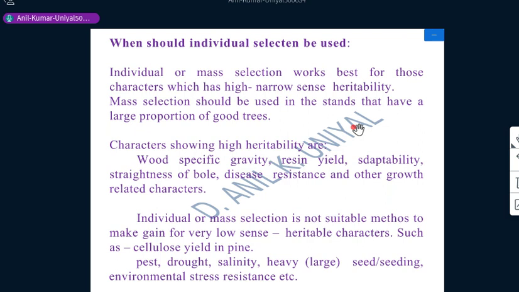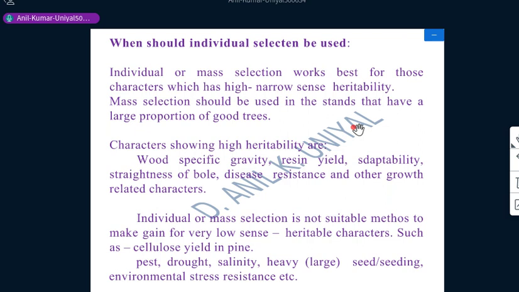However, some measurable characters come under broad sense heritability, and these may or may not be transferred to F1. Suppose F1 is growing in quite different or adverse climatic conditions, then there is a chance of poor performance in the new sites.